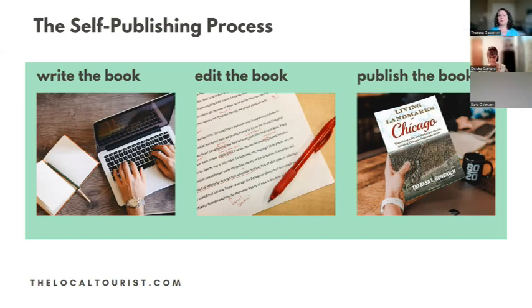I typically have 3 to 4 beta readers for my books. And I don't want any more than that because you don't want too many chefs in the kitchen. Otherwise there can be too many opinions, and you don't want to be distracted and overwhelmed by it.